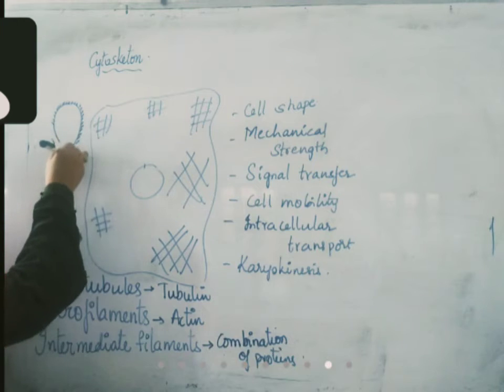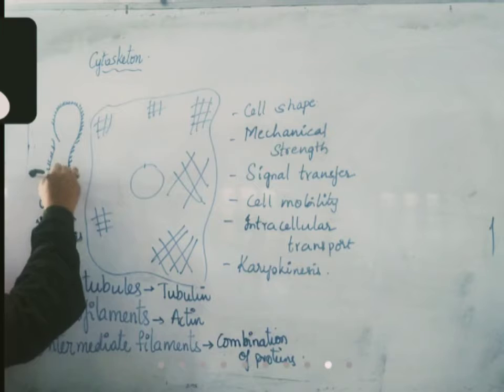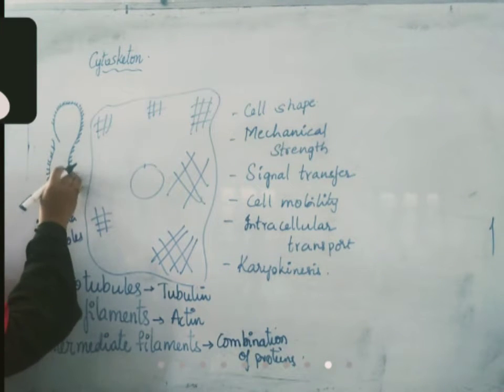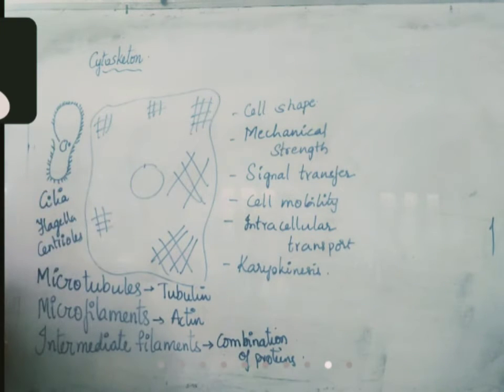These small structures are called cilia. Other organisms, like Vorticella, also have cilia. Don't worry about their names. We know paramecium is common, that's why I'm saying this. It has cilia all over the body, which helps in transport.